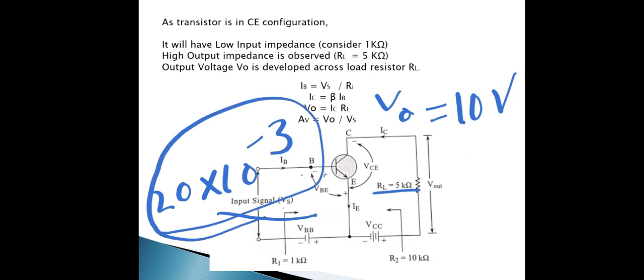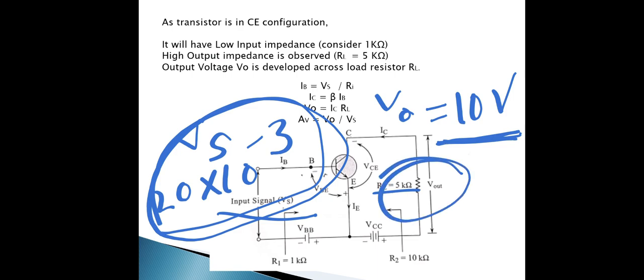So this is a very small value when you compare it with the output voltage. So the input voltage Vs is 20 into 10 power minus 3 volts, and the obtained output signal V naught at the output side is equal to 10 volts.